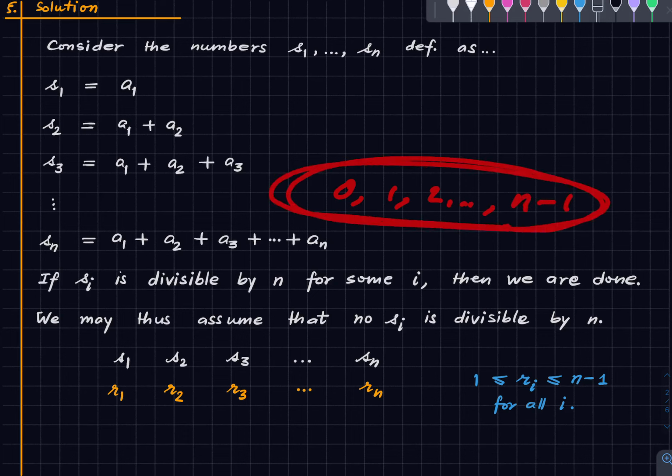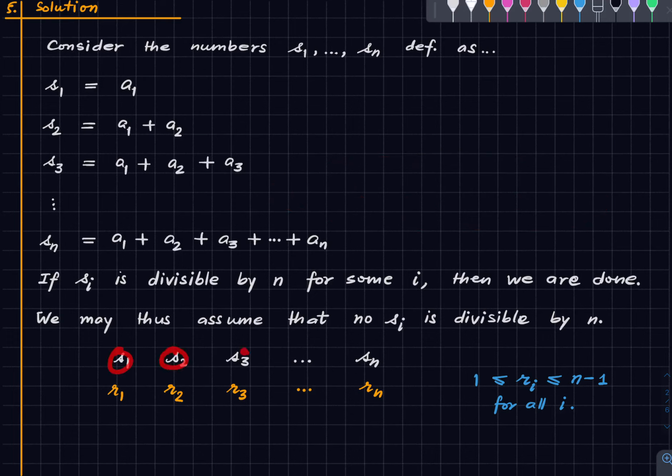It's going to be one of these n numbers. If the number is not divisible by n, then the remainder is not going to be 0, and vice versa. And since we have assumed that none of these Si are divisible by n, each of these remainders is strictly greater than 0. It is in this range.